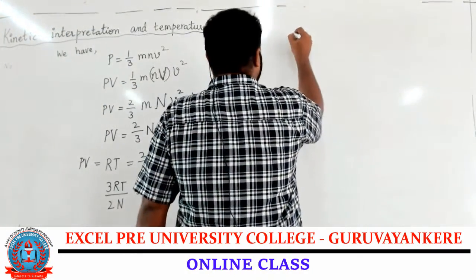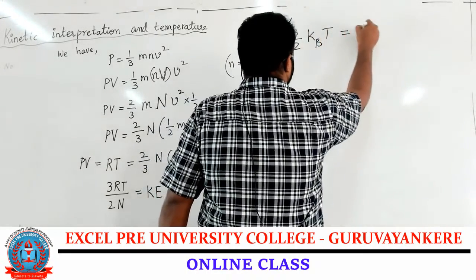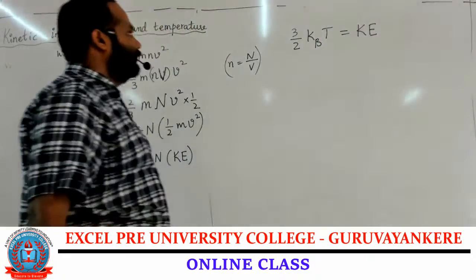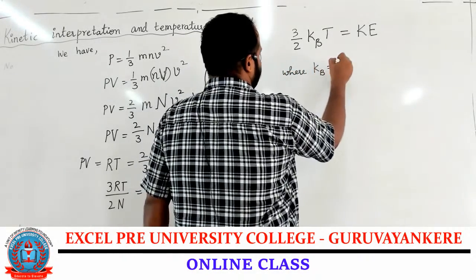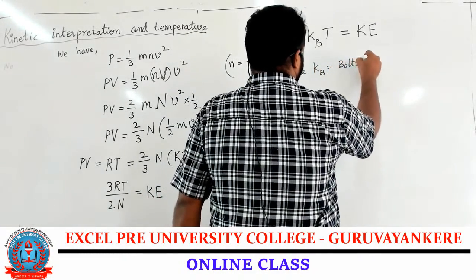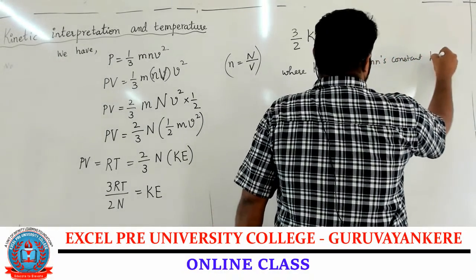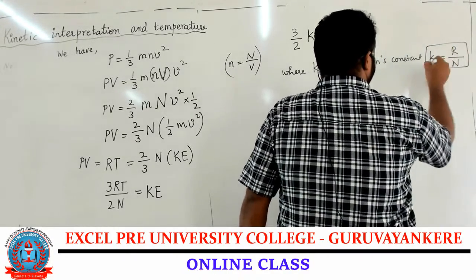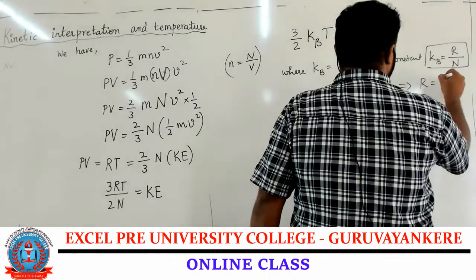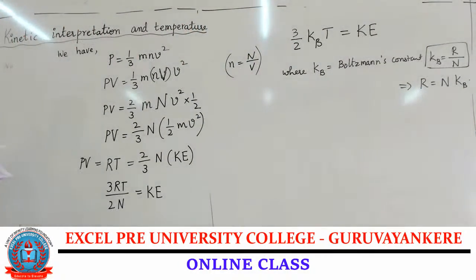Now, this can be written as 3 by 2 kBT, the kinetic energy of the molecules, where kB is called the Boltzmann constant given by the equation R by N. That implies the ideal gas constant is the number of molecules into the Boltzmann constant.